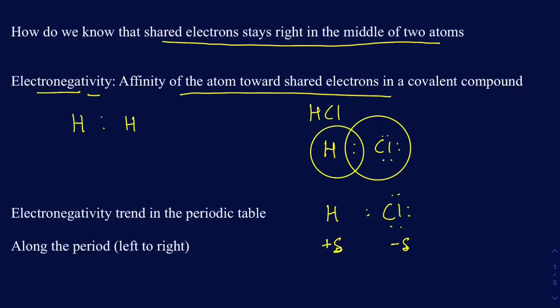Once you have figured out which one is going to be your partial positive and which one is going to be partial negative, you can always draw in a dipole that looks like this. The dipole always starts from the positive end and goes to the negative end with the help of an arrow. So this is going to be your dipole moment for this particular bond.